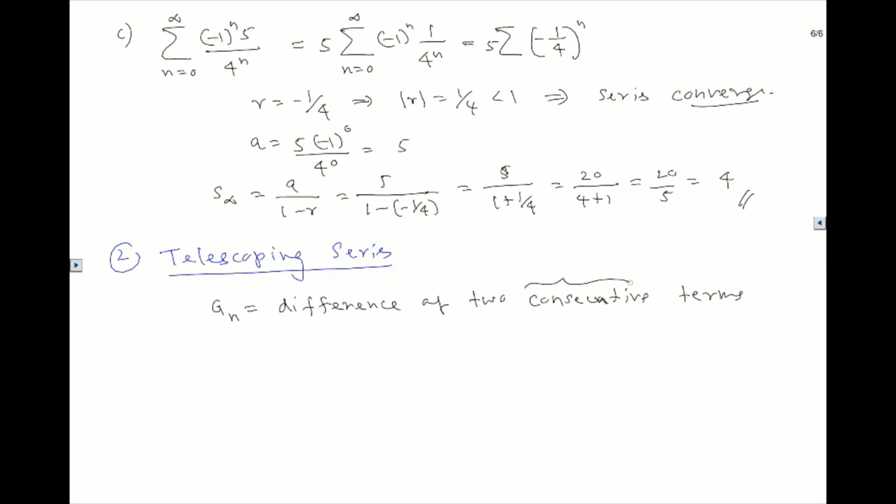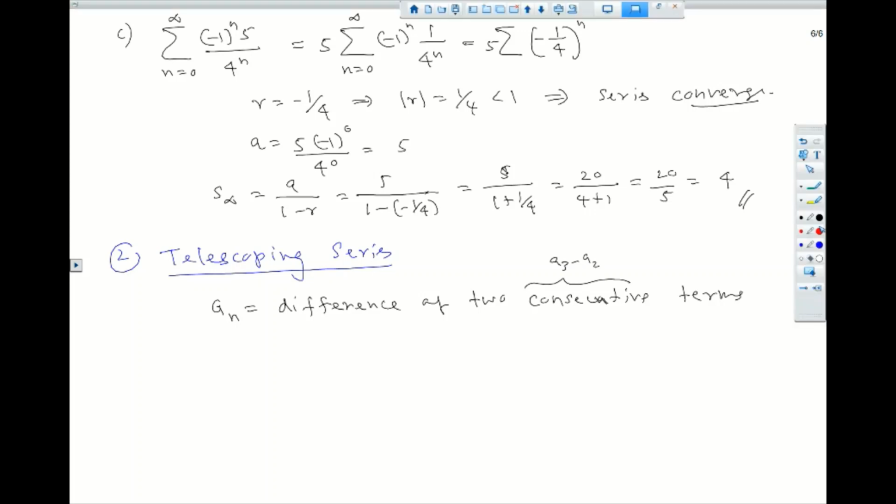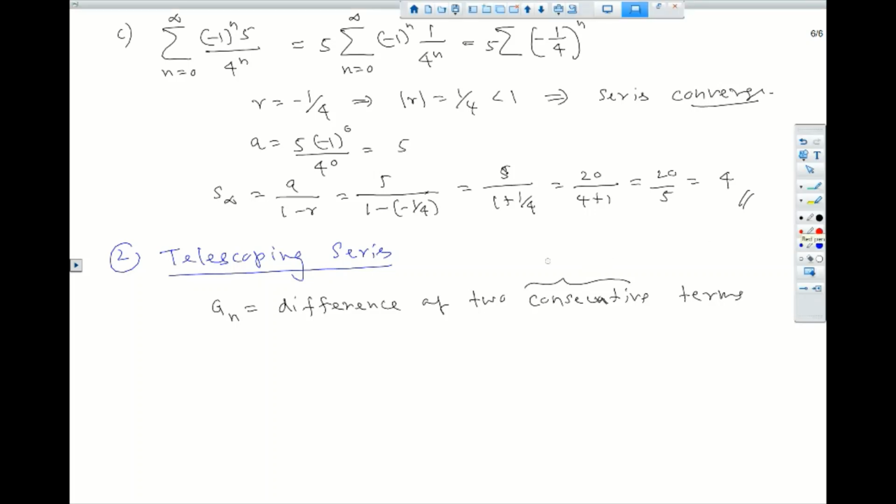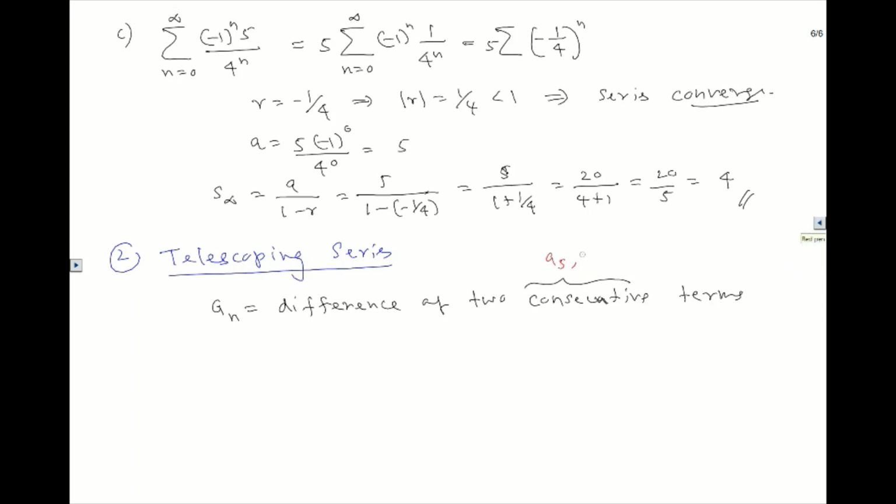It's like a3 minus a2. So you see that? It's a difference between two consecutive terms. Consecutive means the terms are next to each other. For example, a5 and a6 are consecutive because they are next to each other, and a6 and a7 are consecutive.